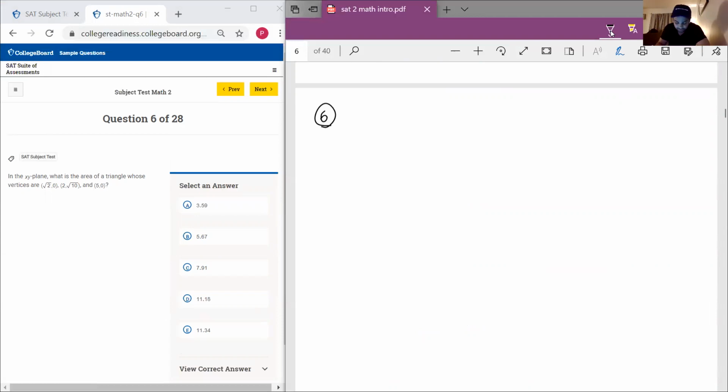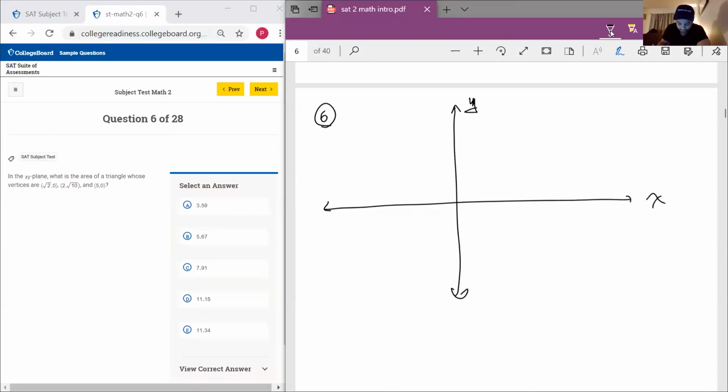In the xy plane, what is the area of the triangle whose vertices are? Obviously a geometry question. Okay, I'm going to leave this point alone.